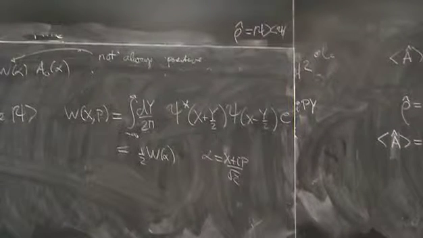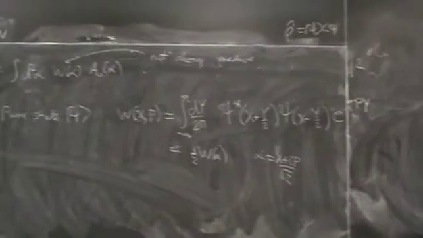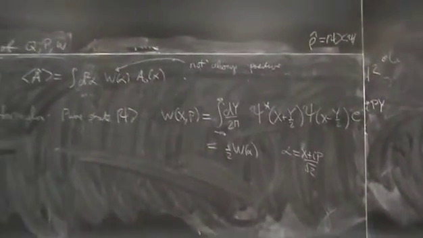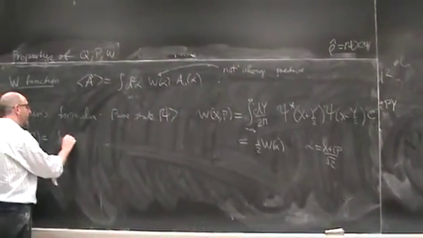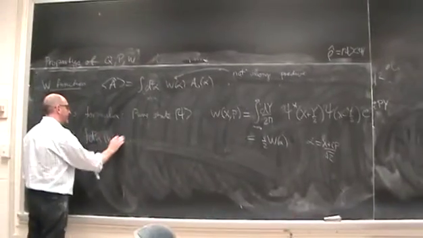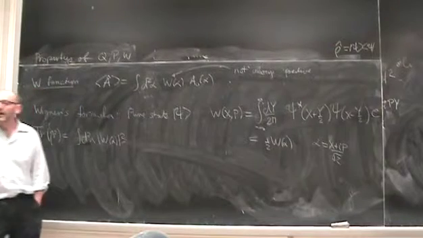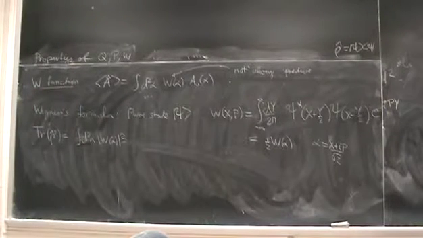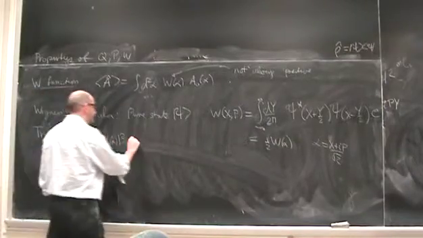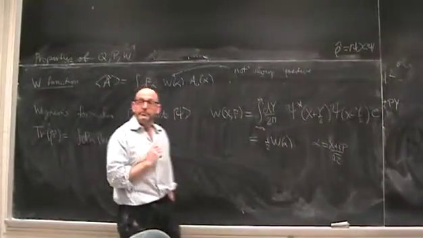What is certainly true is that I claim the trace of rho squared is equal to the integral of the square of the Wigner function. That is what I claim, with some factors of pi that I may not have gotten right. Now, if it's a pure state, then this is 1. Okay?